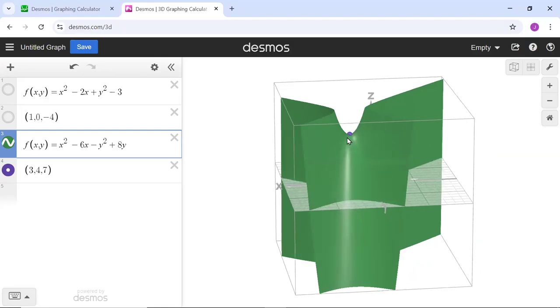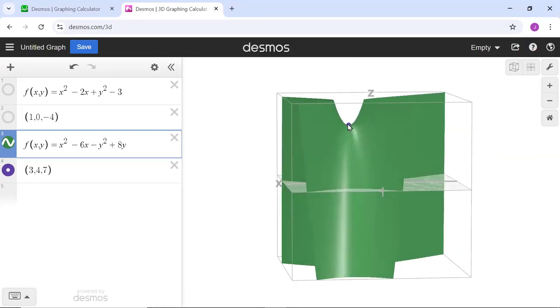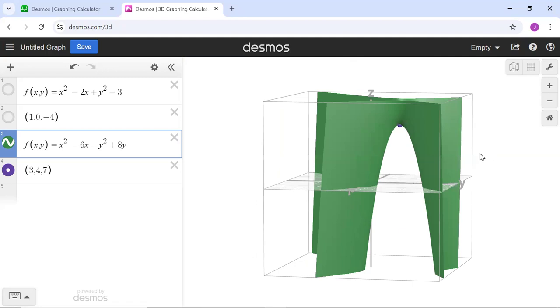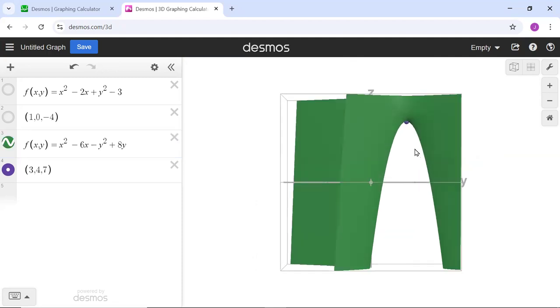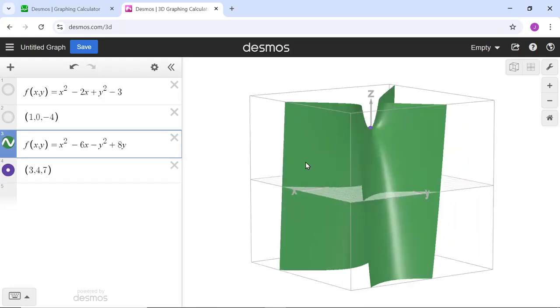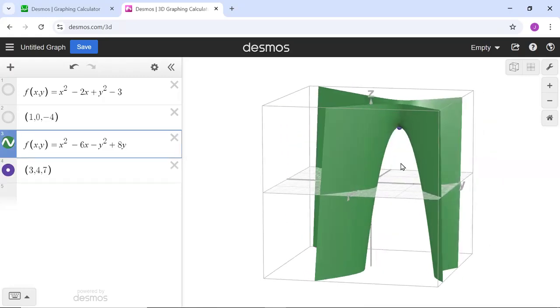Notice that if I look at it in this direction, we can clearly see that if we're moving in the X direction, left or right, this point would move up. However, if we're moving in the direction of Y, left or right along the Y-axis, parallel to the Y-axis, then the point is going to be moving down. So this is neither a minimum nor a maximum.